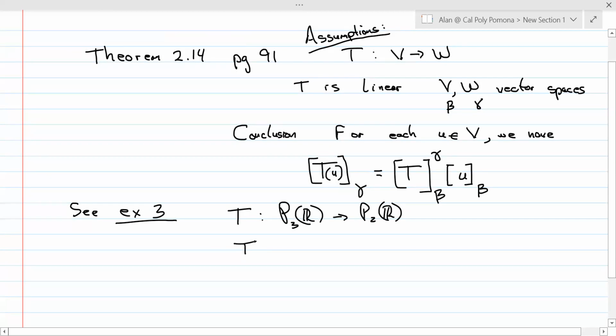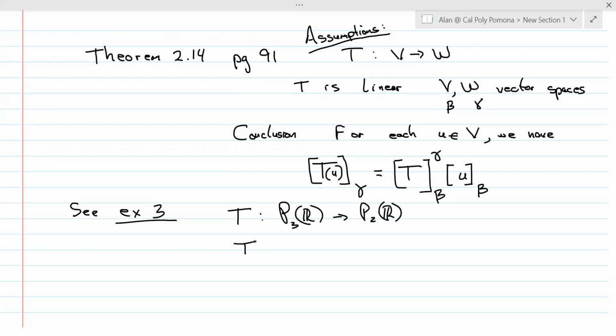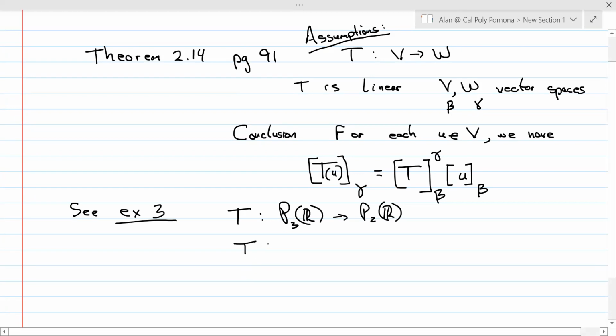Well, you give me a third degree polynomial, and this transformation just takes the derivative of it.